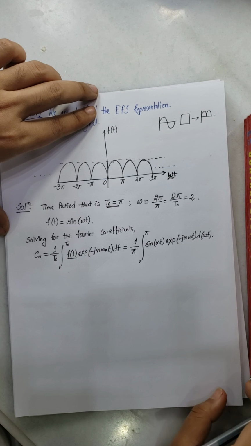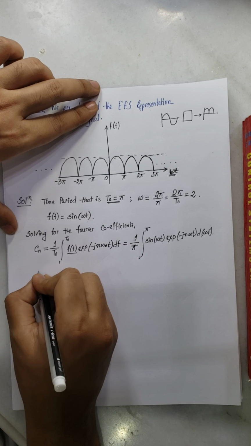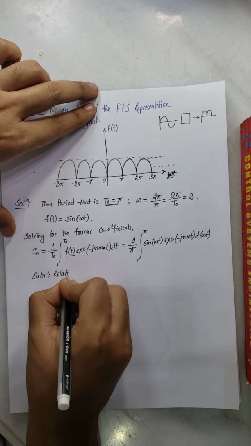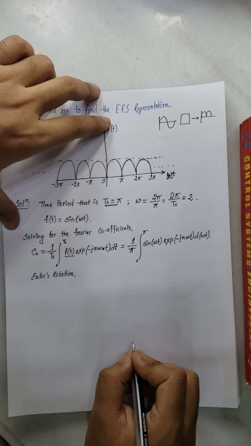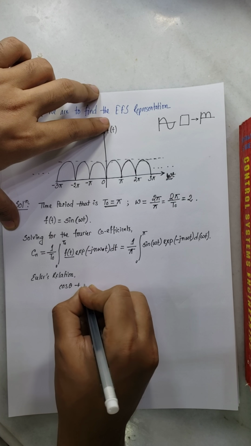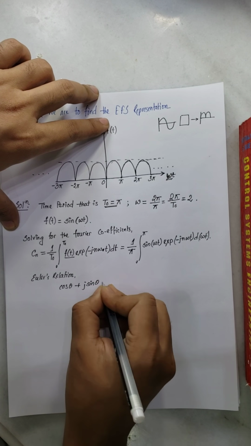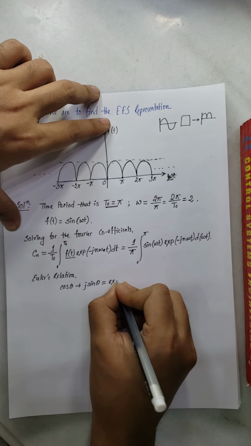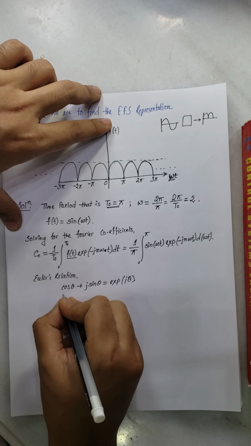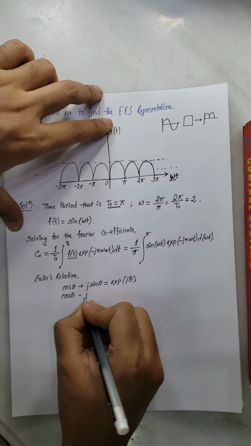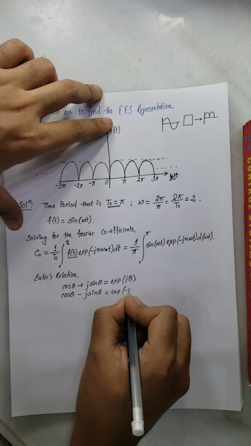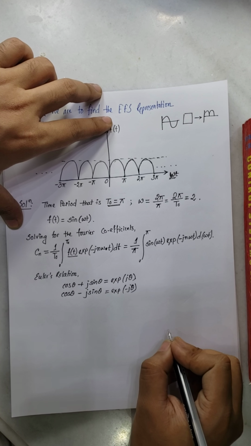Now, once again, we shall go to Euler's relation. The relation states that cosine of theta plus j sine of theta equals e to the power j theta, and consequently cosine of theta minus j sine of theta equals e to the power minus j theta.